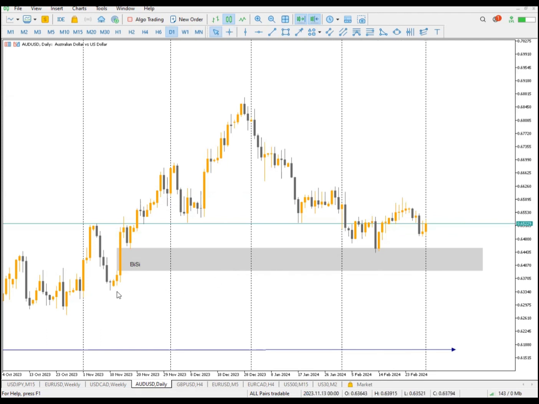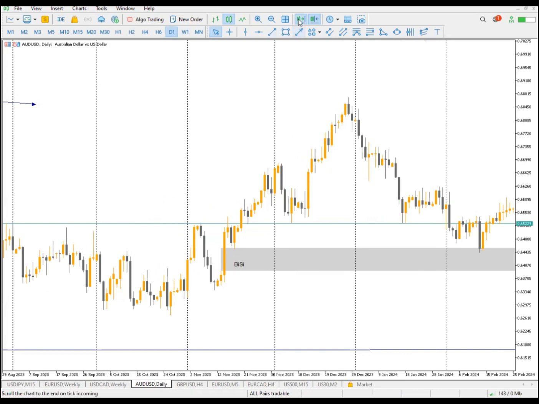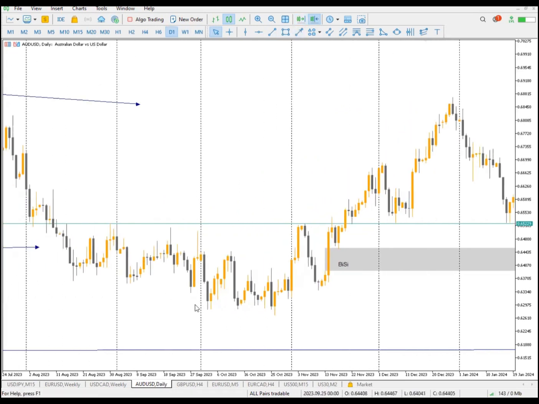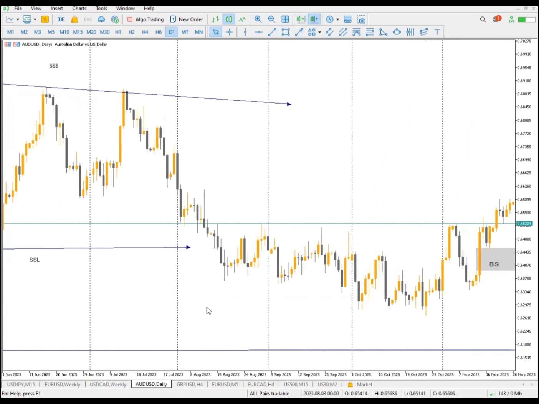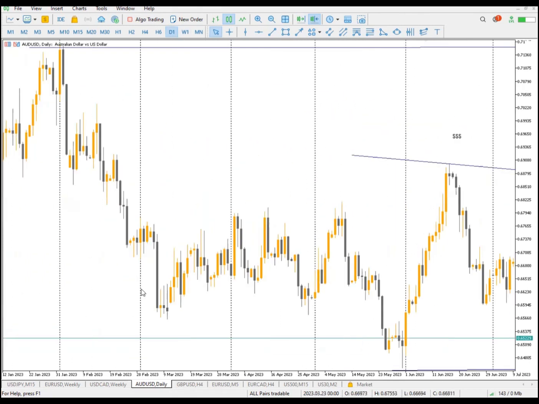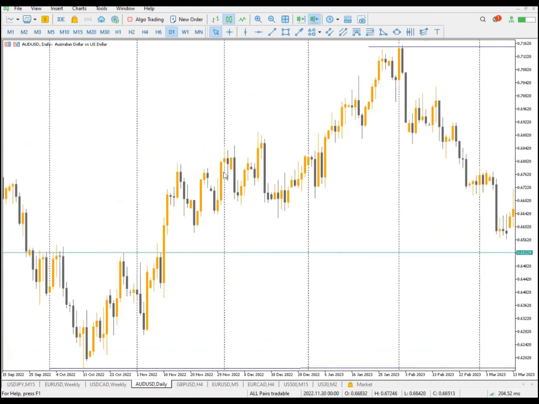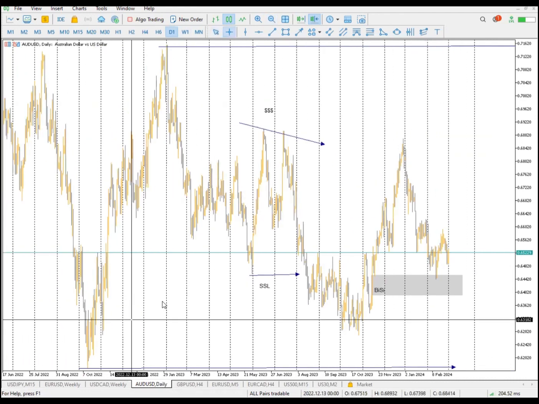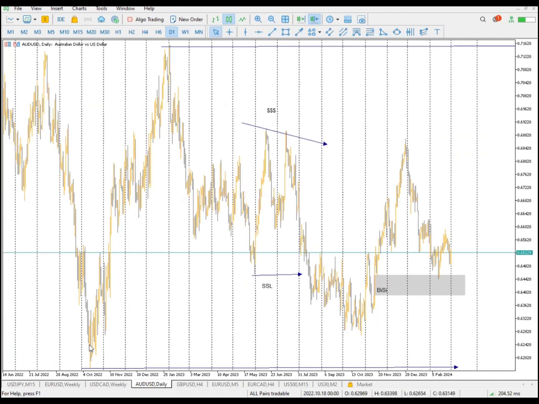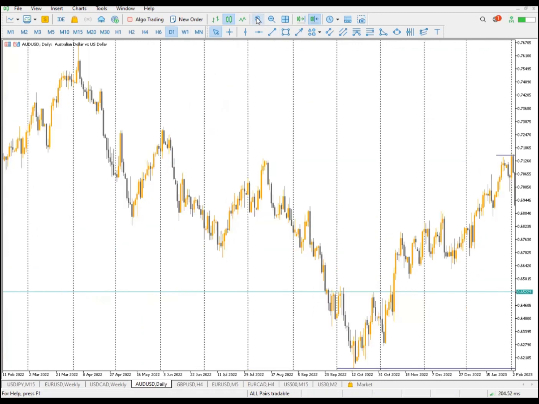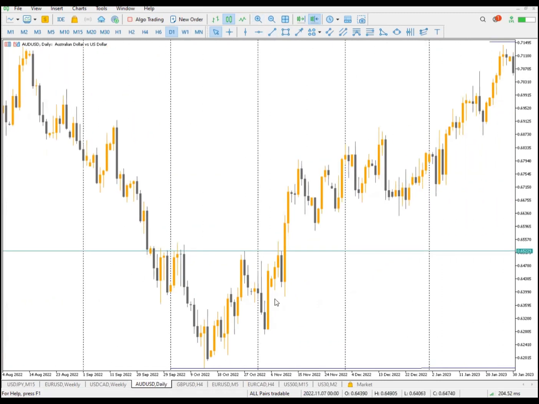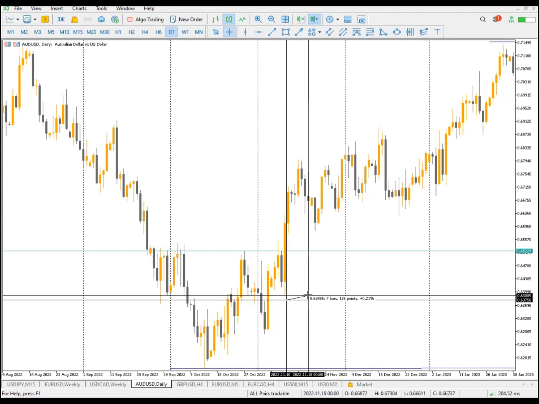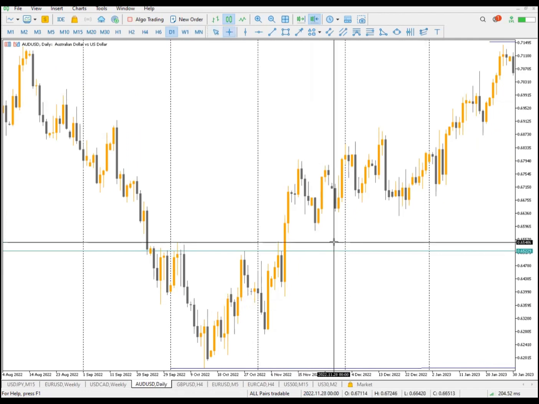So with that said, we need to see below this imbalance, is there any other imbalance that the market will be attracted to? So as we move further back, let me zoom out. Over here, I can't see anything as yet. Just this little bit over here, right? So that's potential.